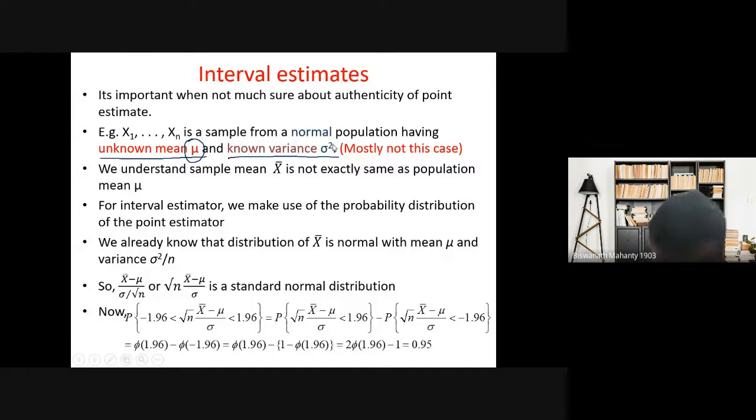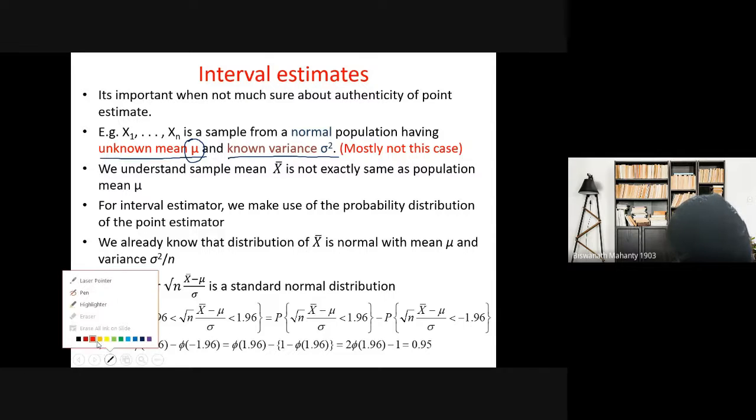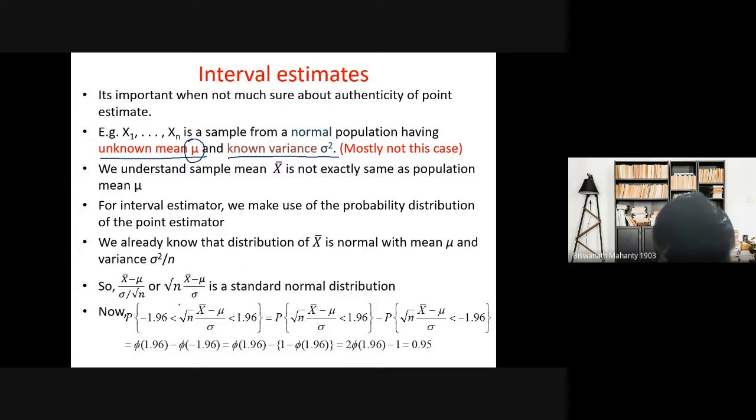Now this line is very important. What I'm saying is the same thing. First I decided that x bar minus mu by sigma by root n, or simply root n into this, is a standard normal distribution. For standard normal distribution, I can make a comment.